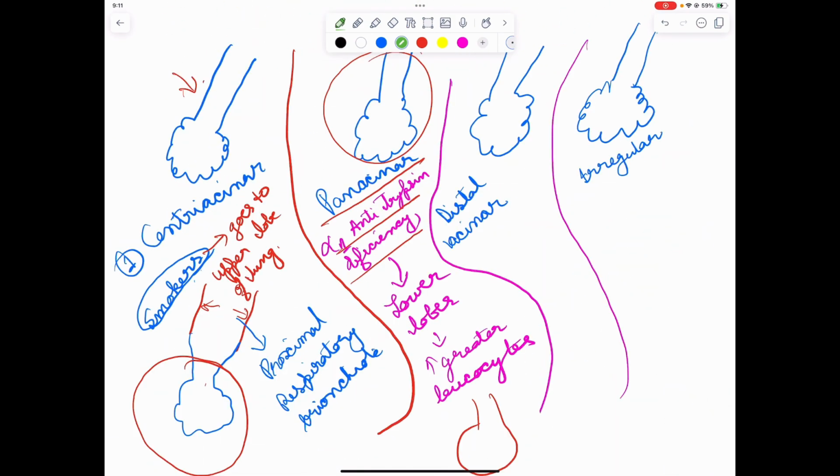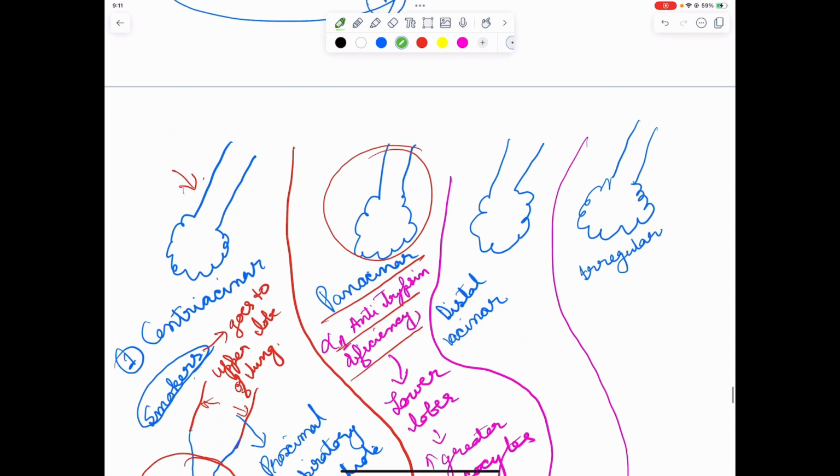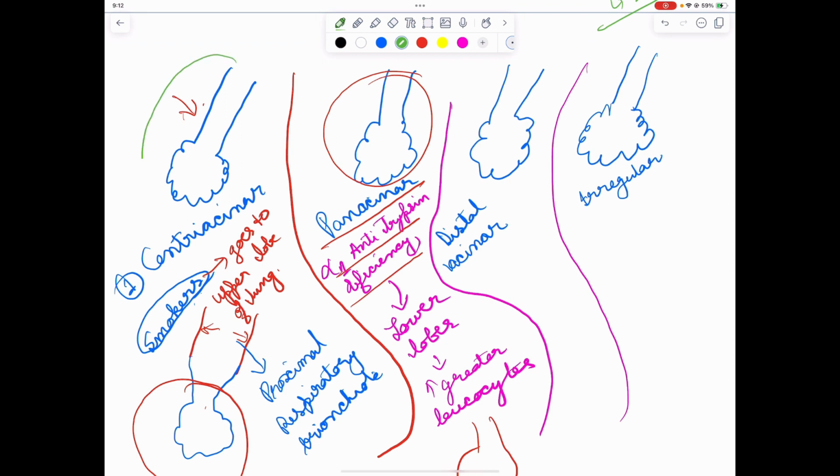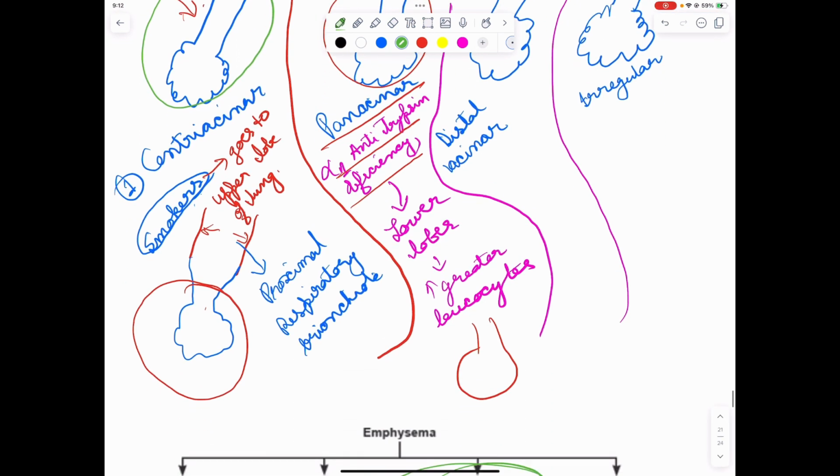Now we come on to the emphysema. Before starting, if you want to skip this whole topic, just remember one thing: pan-acinar is seen in alpha-1 antitrypsin deficiency, and all the rest are seen in smokers. Now let us learn the mechanism closely. This is the structure of a normal acinus. This acinus will dilate.